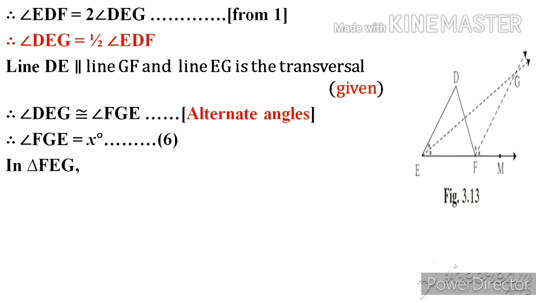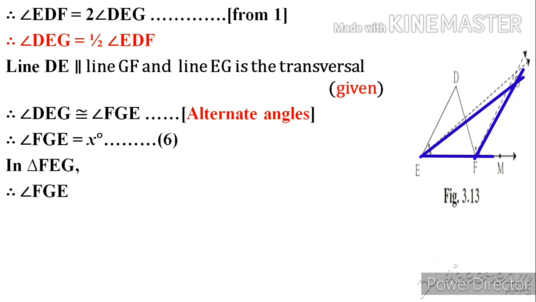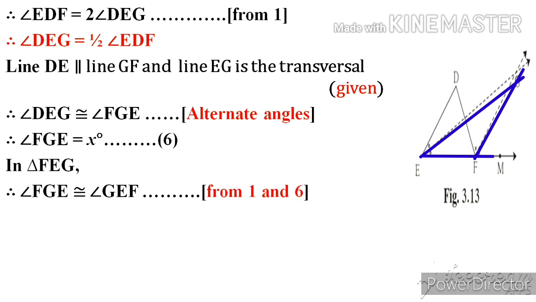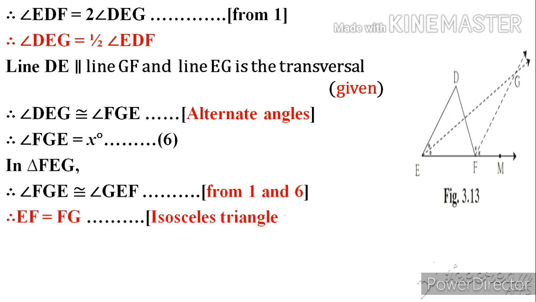Therefore, in triangle FEG, if you see in the figure, angle FEG is congruent to angle GEF from first and sixth. They form isosceles triangle theorem. Here we can say EF is equal to FG.